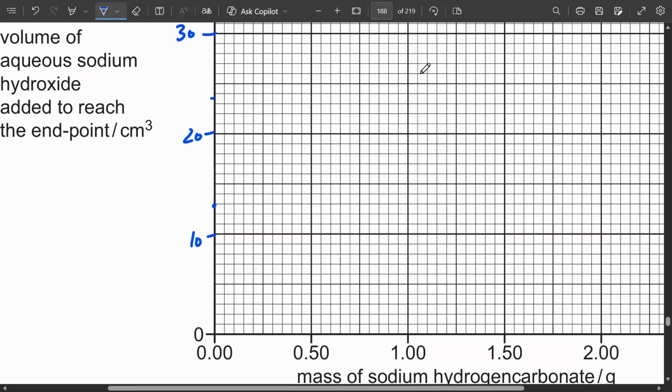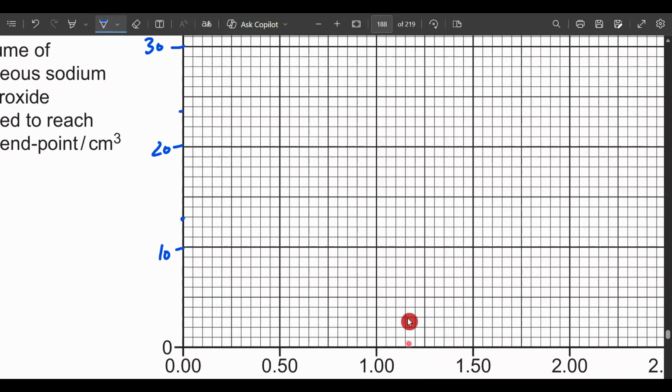Now I will use the values of the x-axis.